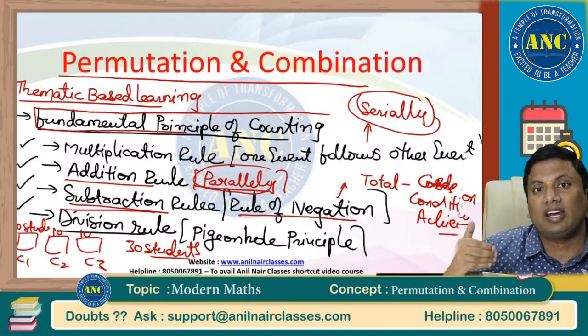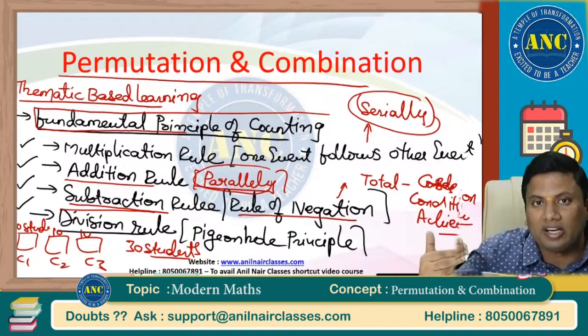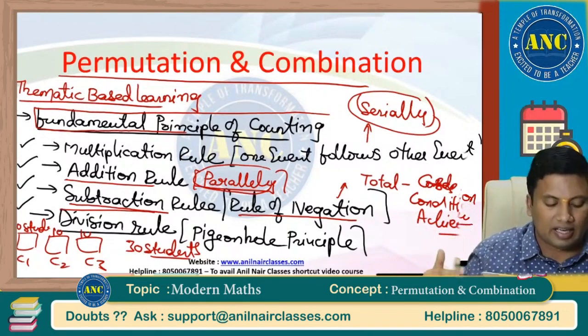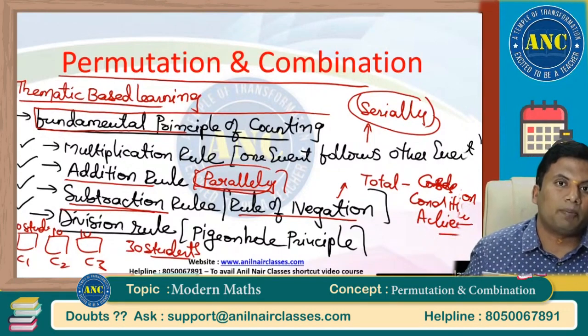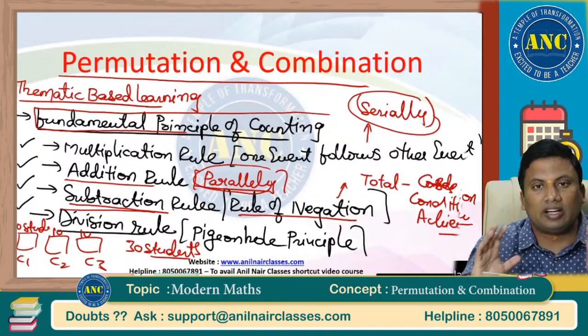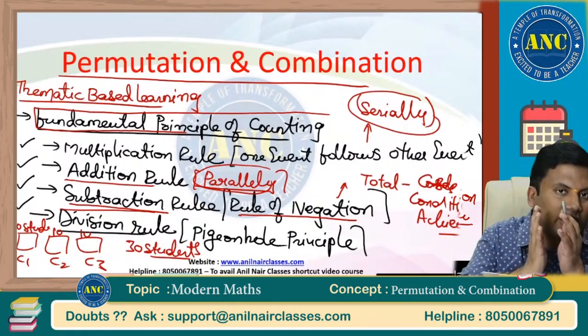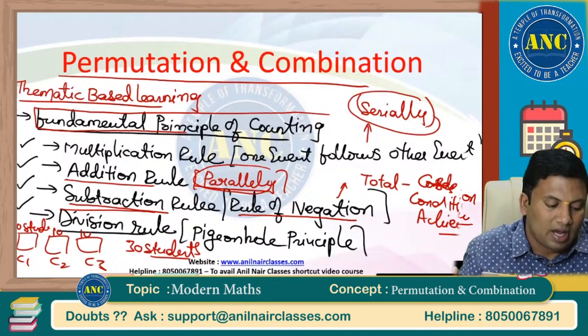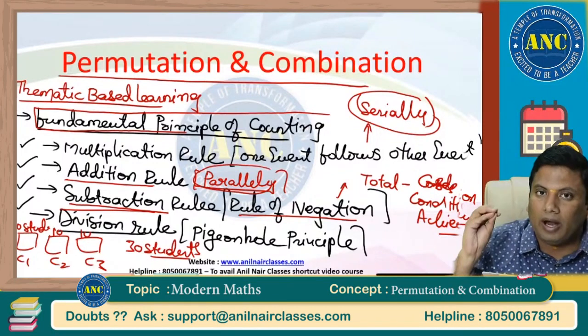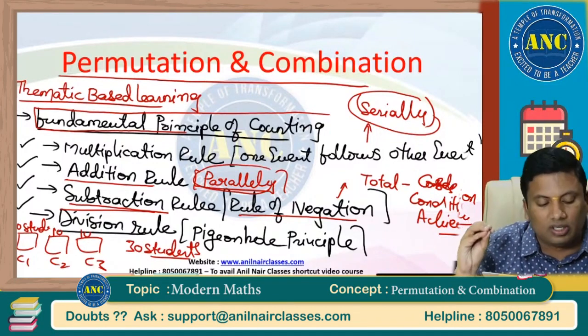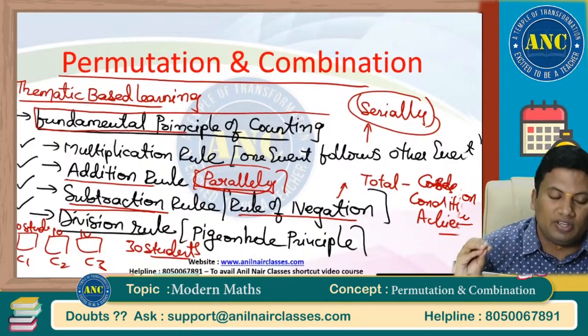If I want the condition to be satisfied across multiple groups, I will use the division rule. Multiplication rule, addition rule, subtraction rule and division rule.